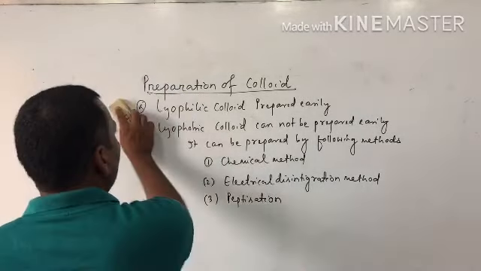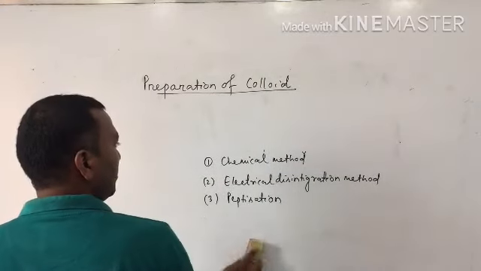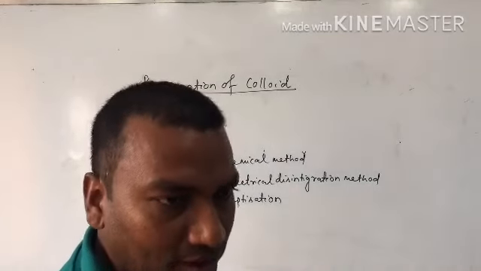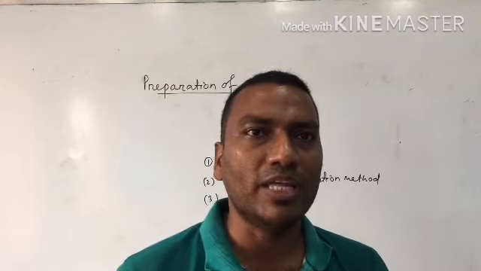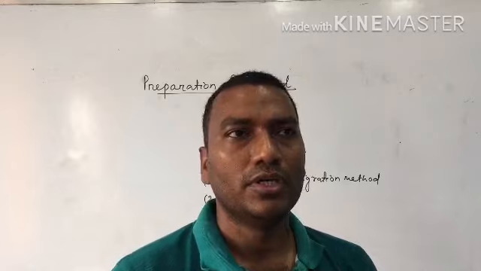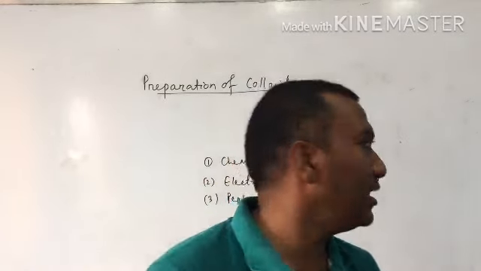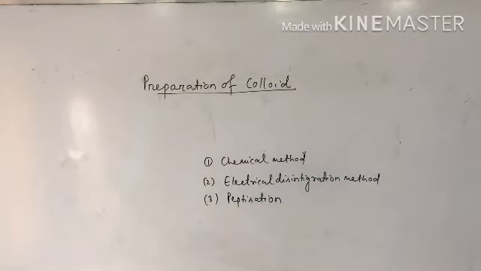How can we prepare colloidal solution by the chemical method, and by the electrical disintegration method? Always remember, chemical method means chemical equation. We have to remember the chemical equations. How can we prepare colloidal solution by the chemical method?